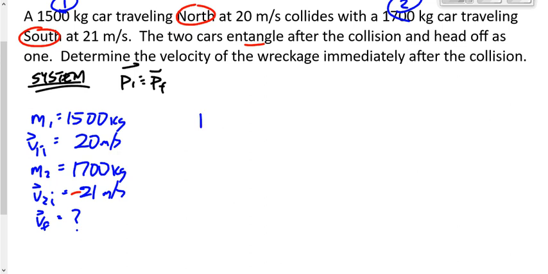Now I'm going to use this newfangled conservation of momentum thing. I could do impulse for car 1 or impulse for car 2. That would be okay, but this is better. I'm going to do conservation of momentum for the system, just before and just after, so friction or any other force doesn't have a chance to come into effect.